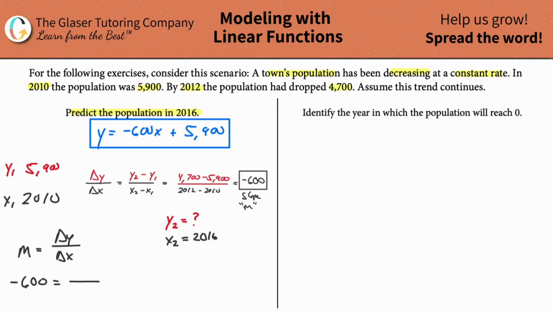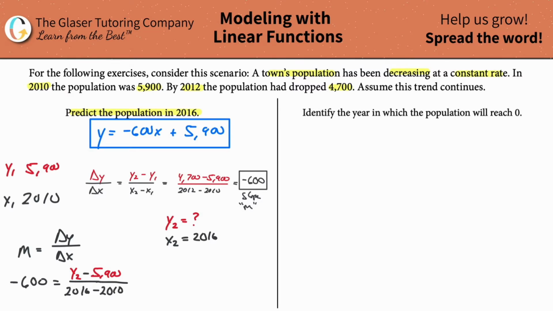Plug in y2, since I don't know what it is, minus then plug in your y1, 5,900. Plug in then your x2 value, which was 2016, and your x1 value, which is 2010.